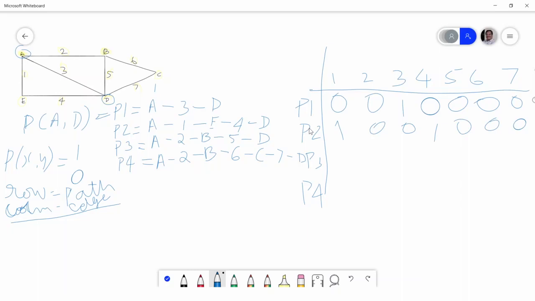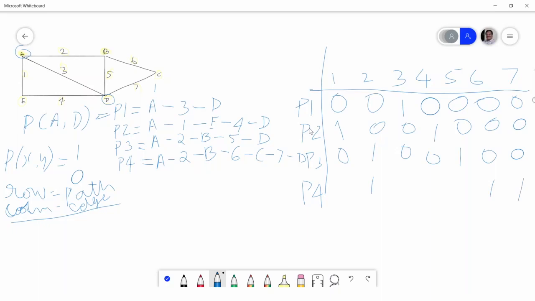Now, P3. What is P3? We have path 3, where edge number 5 is participating. Rest all zeros. And if you look at the last path, P4, it is 2 is 1, 6 is 1, 7 is 1.